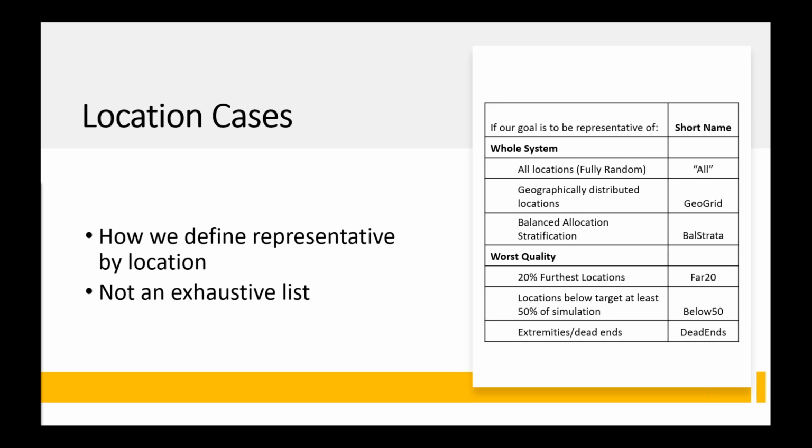For the whole system cases, we have a fully random sample location selection, a geographical grid layout, and then a balanced allocation stratification. Then for worst quality, we look at the furthest 20% of locations, locations that might be below the target at least 50% of the time, and then extremities and dead ends in our system.